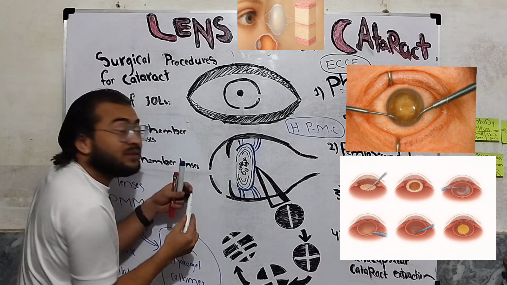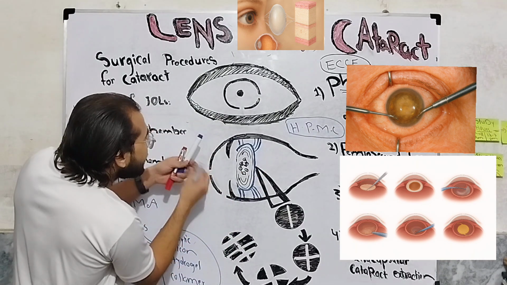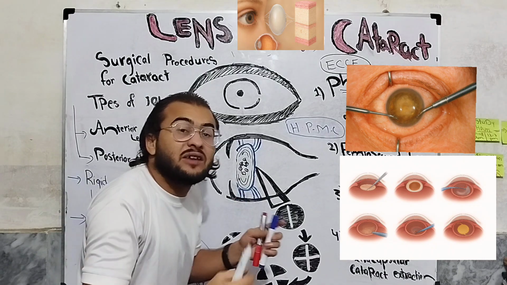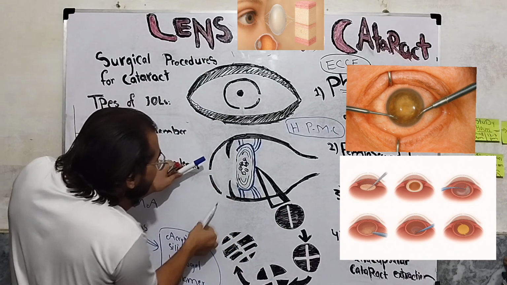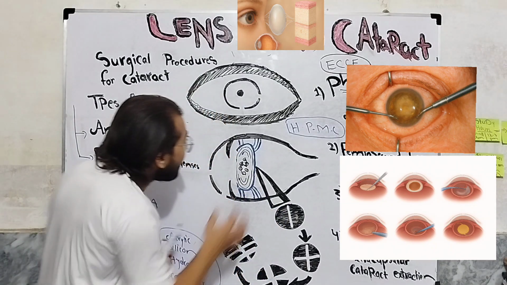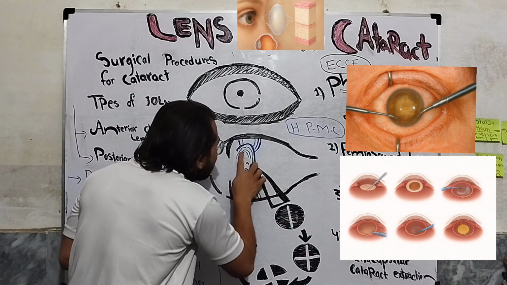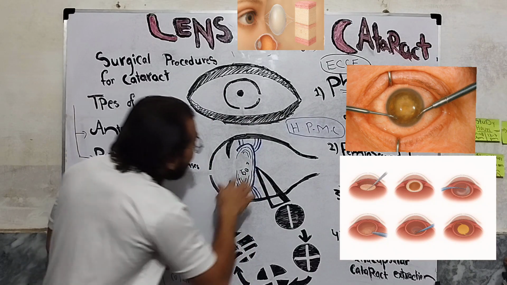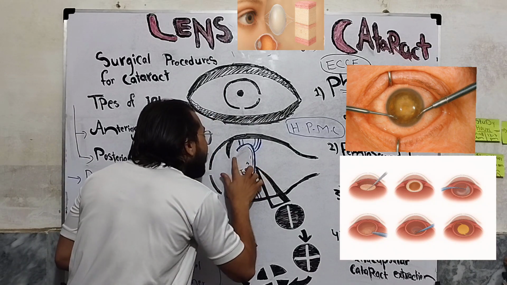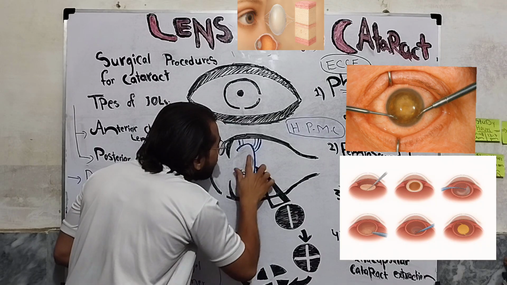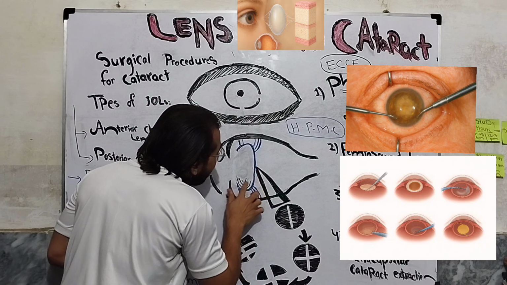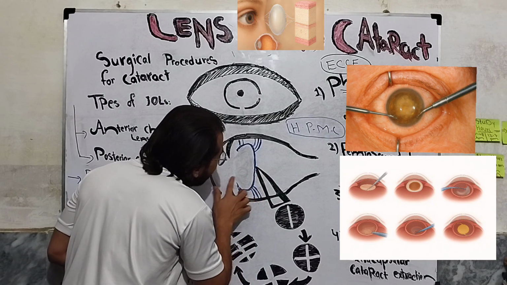We will aspirate these with an aspiration irrigation cannula, and we will clear out this cataractous lens. We will only keep the capsular bag intact, as it is extracapsular cataract extraction.